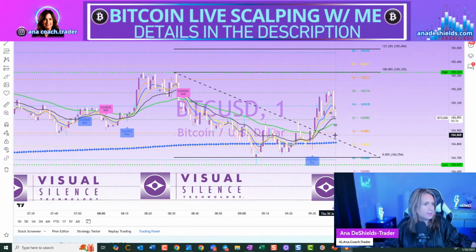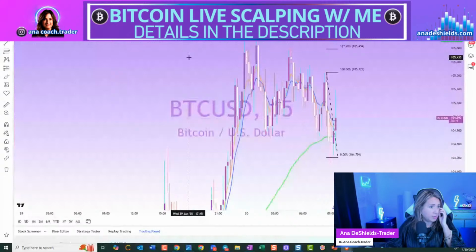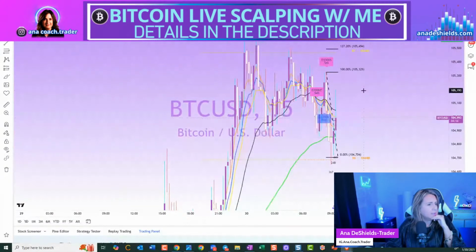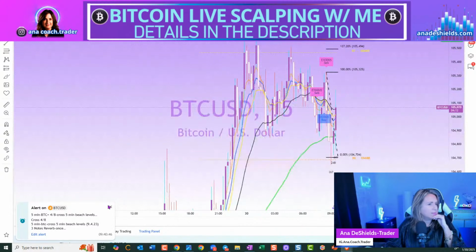Nice strong candles. It's 9:40 into the open. Let's go ahead and look at the 15-minute real quick and see what the momentum is.